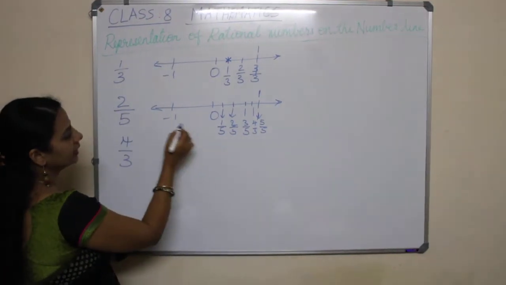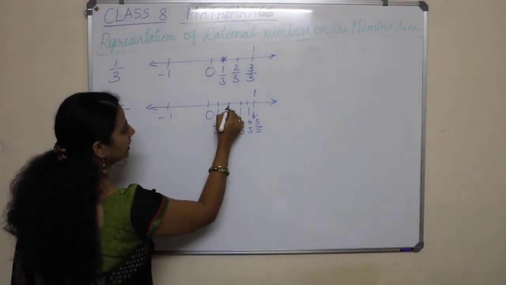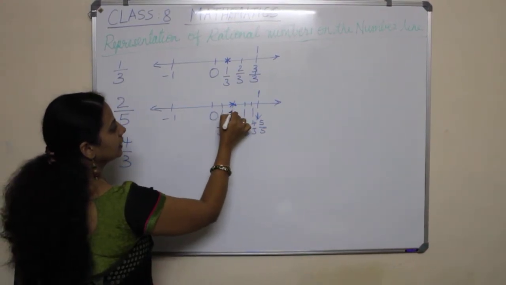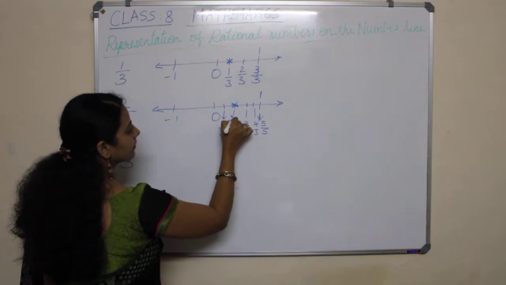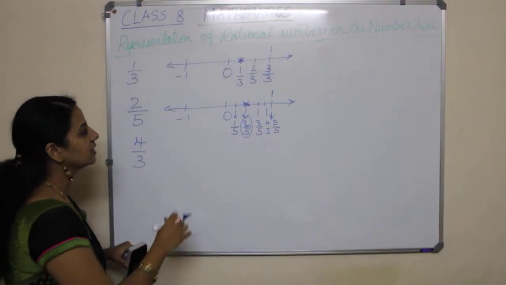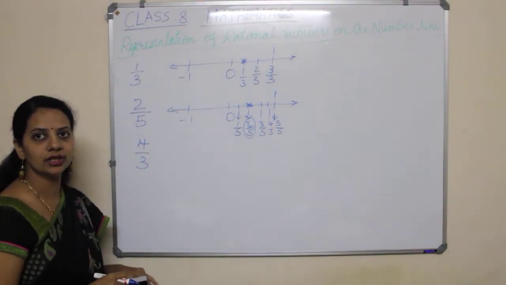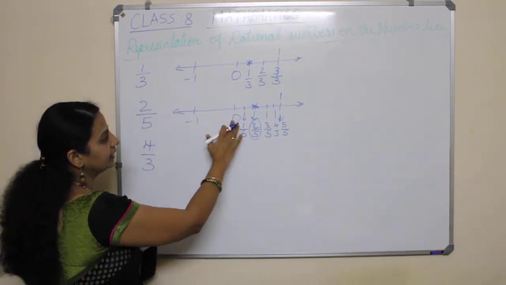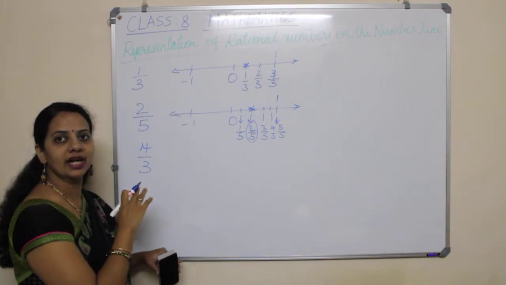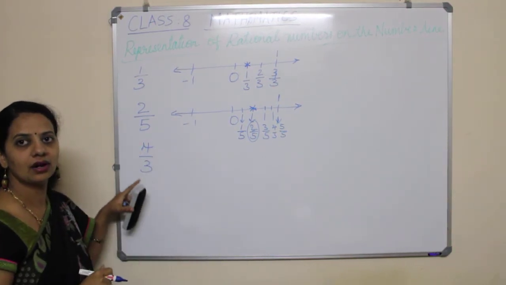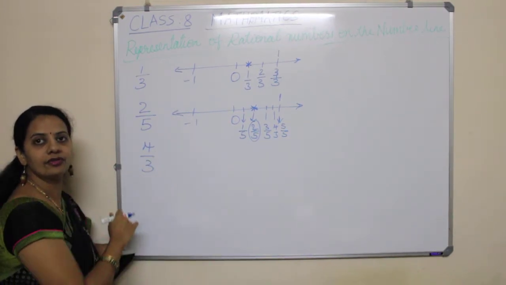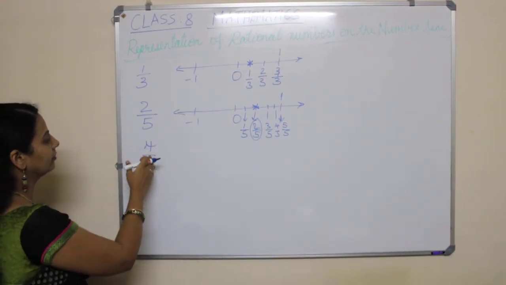So where is 2 by 5 now? 2 by 5 is at this point. So this is how we represent 2 by 5 on the number line. So what are we doing? Basically we are dividing that division into that many parts according to the denominator. Now what if it is an improper fraction? Say for example 4 by 3.